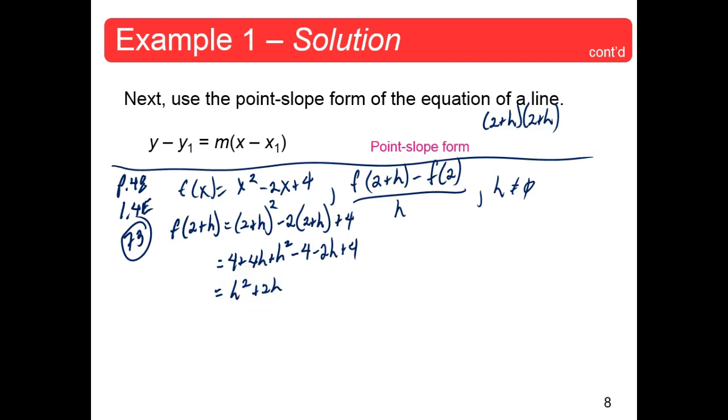Plus 4. See how she got that? This 4 and this 4 add to 0, so those are out of there. These two add to plus 2h. That doesn't have anything to add to, so that's just h squared. Since these two disappeared, all you have is plus 4 left. So there's your f of 2 plus h.